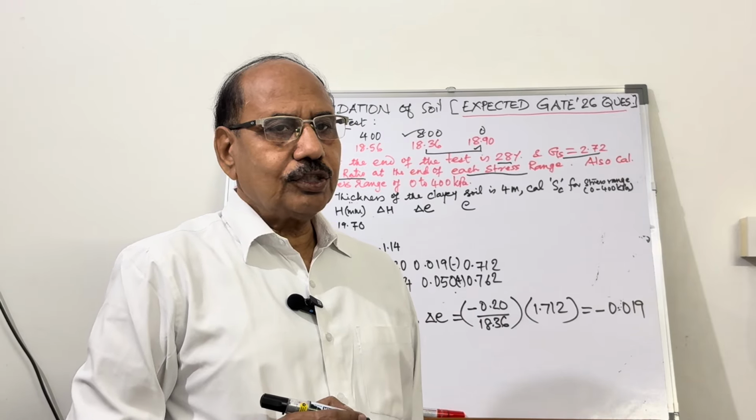Other pressure range is going to be 0 to 400 kilopascal. So for pressure range of 0 to 400 kPa, now we are going to take this range, calculate in the similar fashion the value of delta E. So delta E for that pressure range is going to be minus 1.14, this value delta H minus 1.14 divided by 18.56, right?